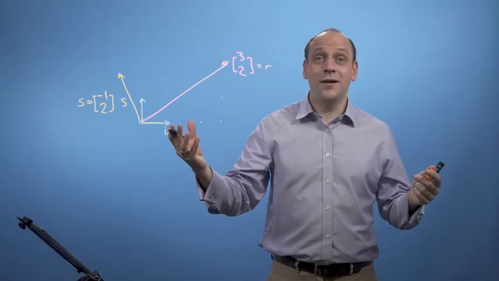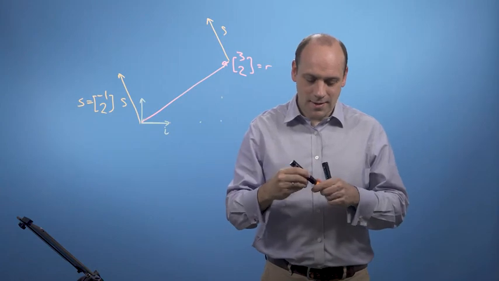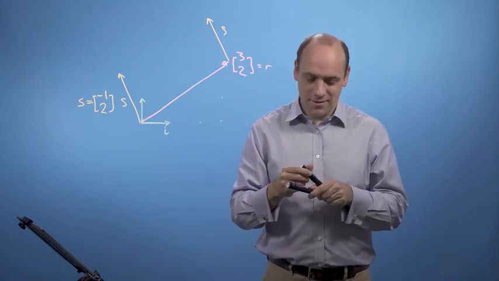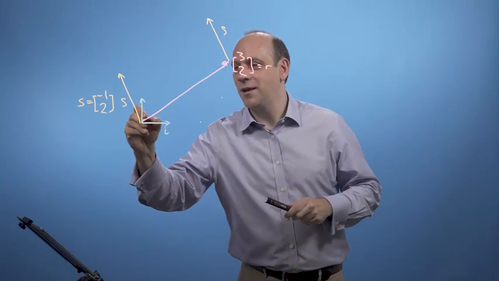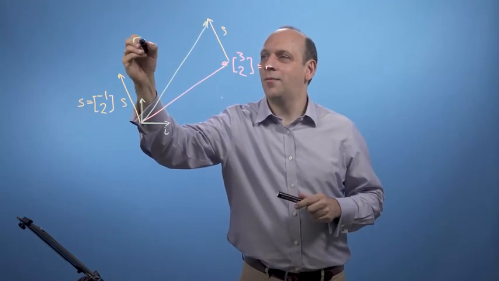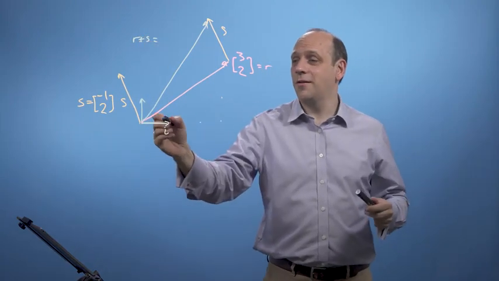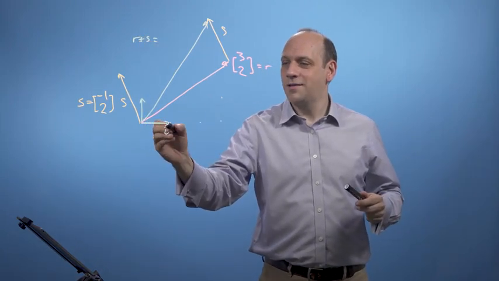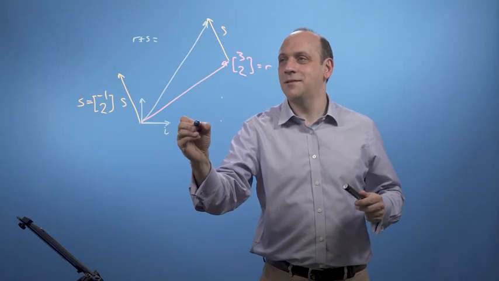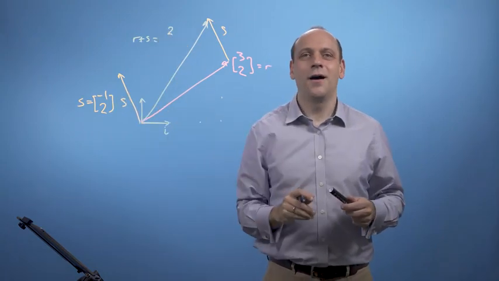Then r plus s would be that. We just put s on the end of r. And then r plus s is going to be, therefore, that total vector. That's going to be r plus s. And we can just add up the components, right? So r is 3 i's and s takes us back 1. So it's 3 plus minus 1 gives us 2 i's.